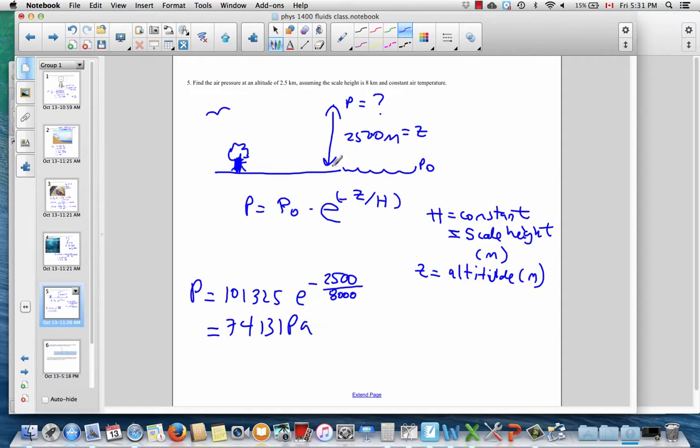So pressure decreases with height. And when we're in the air, we use this relationship. So because water has a uniform density, we have this simple relationship to describe the variation of pressure with depth. Air doesn't have a constant density.